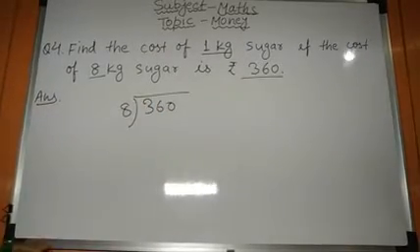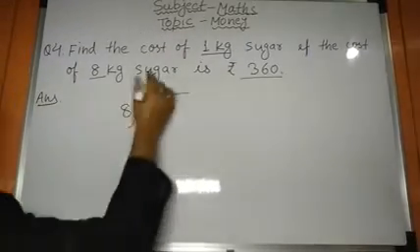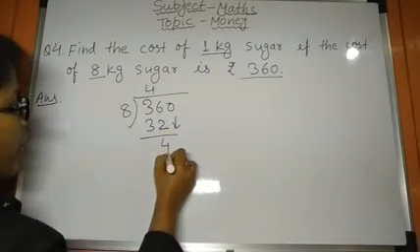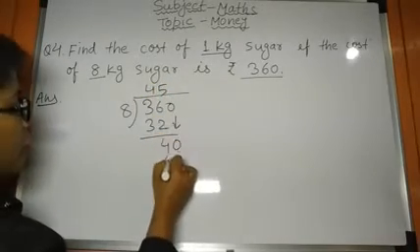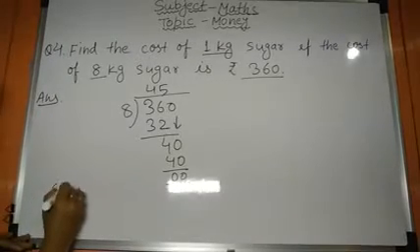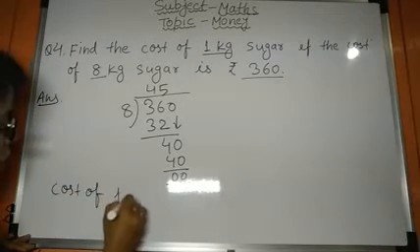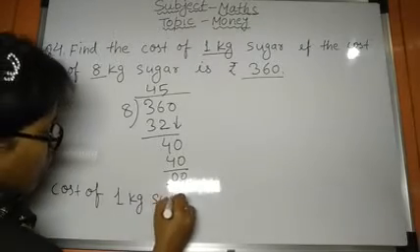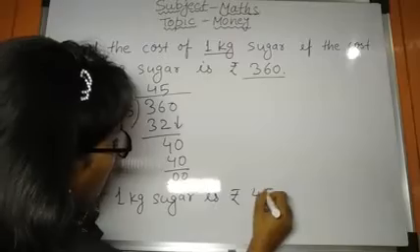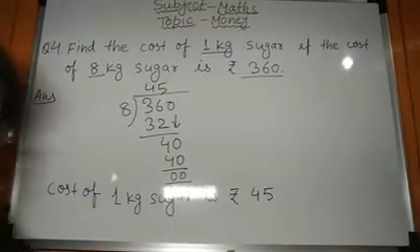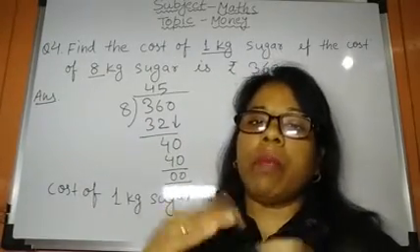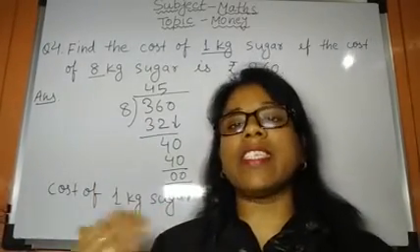We will try. 8 fours are 32, 4 0 carry, 8 fives are 40. So the cost of 1 kg sugar is rupees 45.